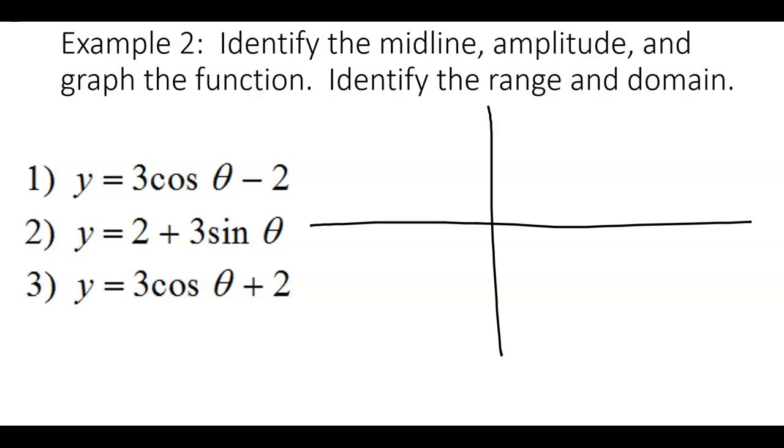So we're going to call this our y-axis, and we're going to call this our theta axis. You're always going to start by setting it up with these numbers. So the first one we'll graph is pi over 2, then pi, and then 3 pi over 2, and then 2 pi. Basically, we're just going up by pi over 2 every time, okay?